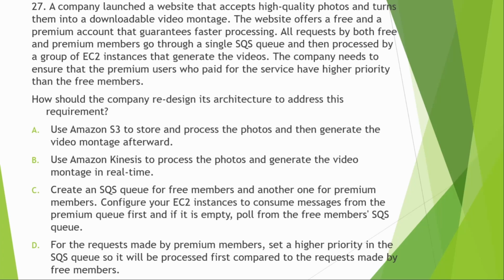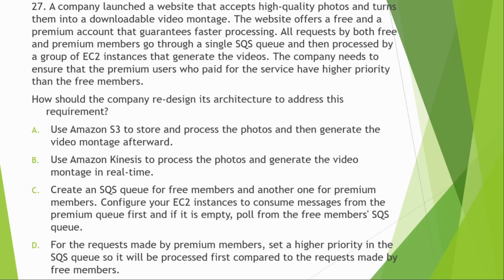Okay, so to provide a specific priority to the premium members, we can use this approach: use one queue for premium and one queue for free, and let the premium queue finish its messages first, and then after that let the free members queue be processed. So what will happen, it will get a priority.